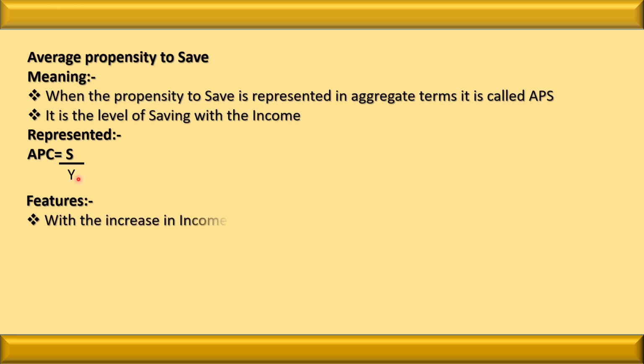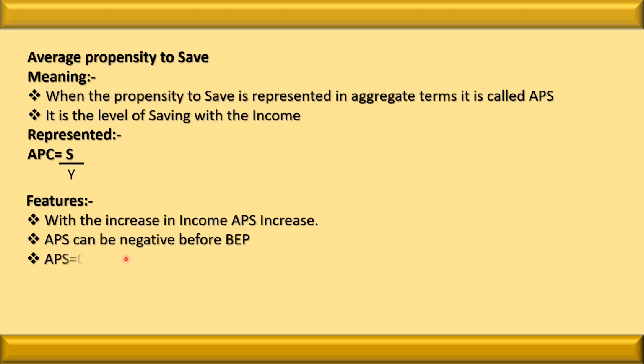Let us see the features. With the increase in income, APS also increases, because there is a direct relationship between income and saving. Next, APS can be negative before the break-even point. At the break-even point, saving is zero, so the APS will be negative before the break-even point.